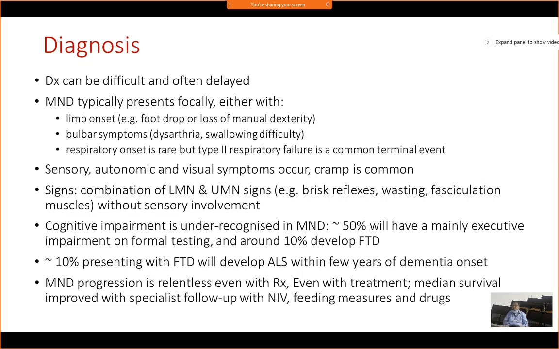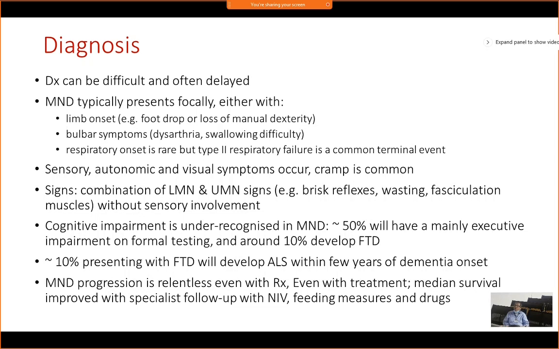How do we diagnose the disease? It is initially difficult to diagnose this problem, and there is a lot of differential diagnosis. We will come to that again. The focal patterns of motor neuron disease present as either a limb onset type, a bulbar onset type, or respiratory onset. If it is a limb onset, you will find lower motor type of paralysis in the hands and the feet.